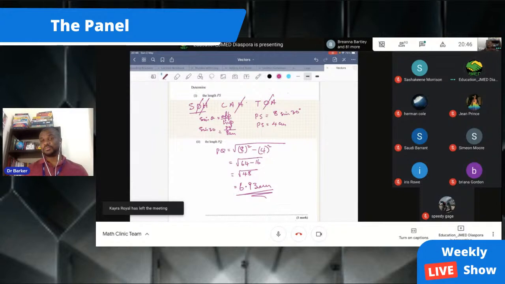Pretty much anything that does navigation, like airplanes and ships, cannot get to where they want to go without using vectors. Unlike us on land, where we have roads, they are in the open sea. If they can't use angles and directions to get from one place to another, it's a serious problem. Anybody interested in piloting or navigation, working on ships, trust me, the application of vectors is amazing there.